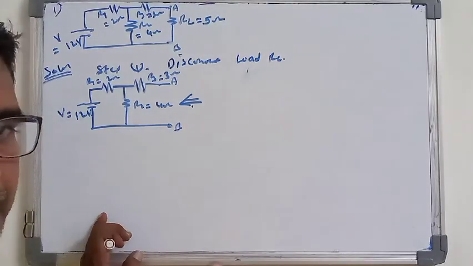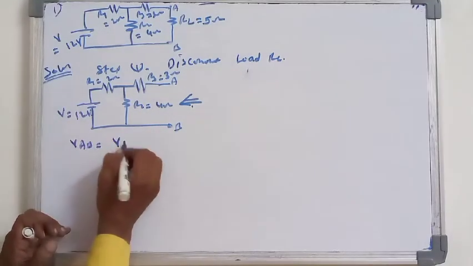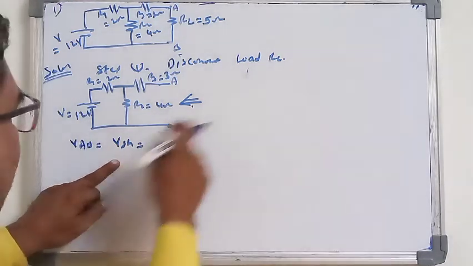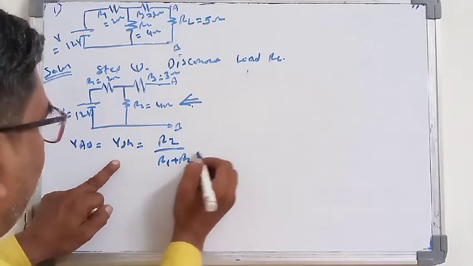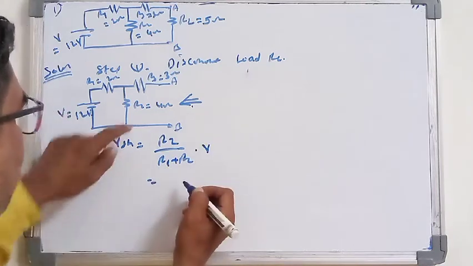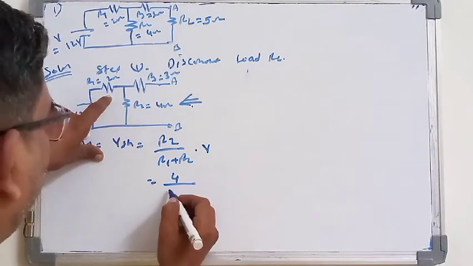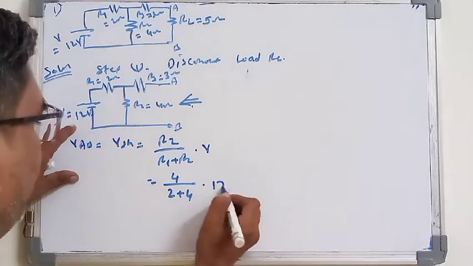Okay students. Now by observing this, we have the formula previously, and just that formula you have to remember. Here VAB is equal to VTH, which is R2 divided by R1 plus R2 multiplied by V. What is the value for R2? It is 4 divided by R1 plus R2, 2 plus 4, the whole multiplied with 12.